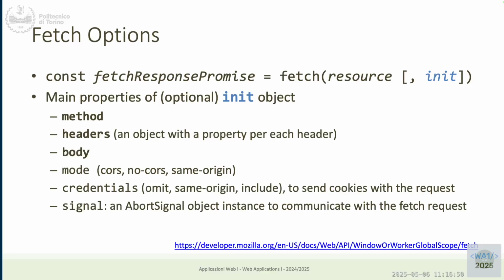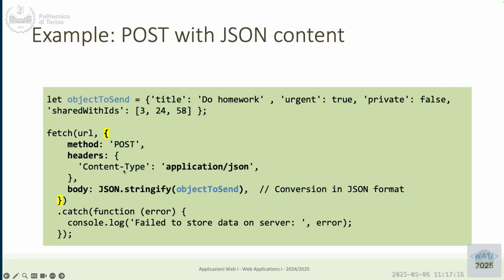If we want to change something, like doing a post or a put, or change the content type, or provide authentication information, as we'll see later on, or, for example, in a post, we need to provide a body with the object being posted, we need to provide all this information in this second object. So we have the URL to call, and then an object that contains the further specification of the request.